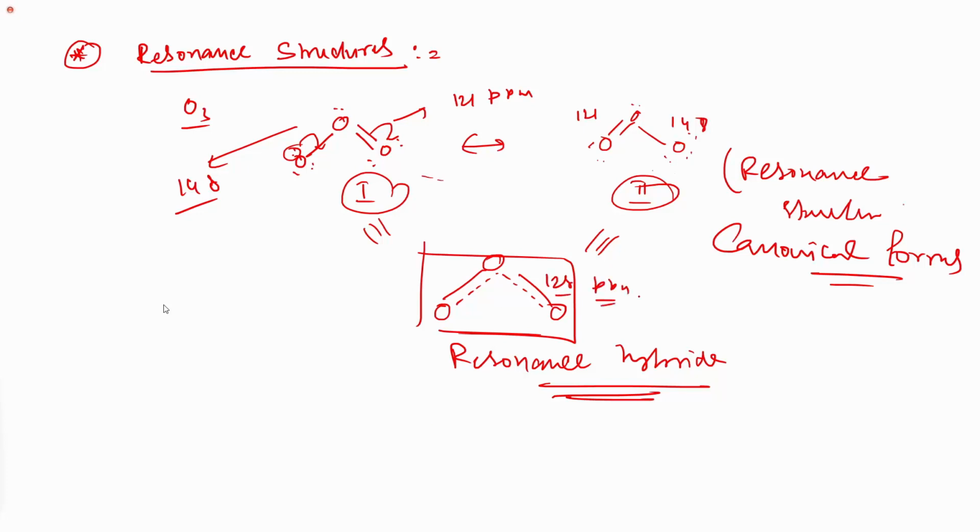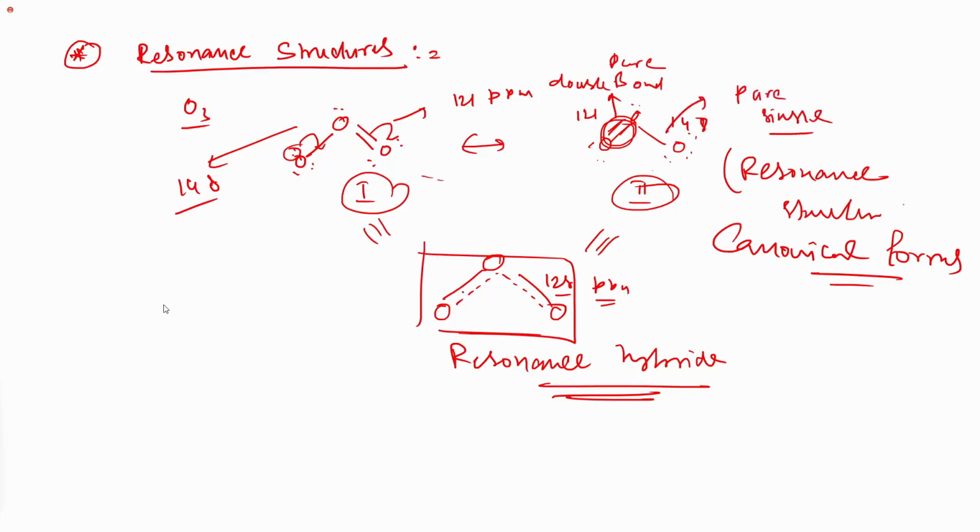Why is that? Because in the canonical forms, in these resonance structures, this bond is a pure double bond, this is a pure double bond, and this is a pure single bond.